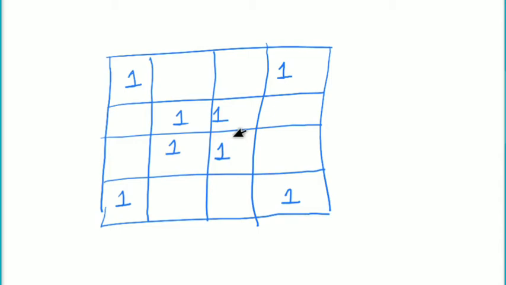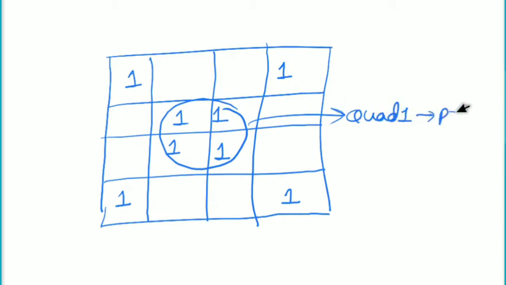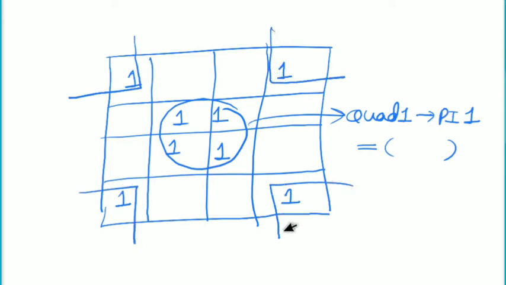So simply by looking at this, these 4 will make a quad. You can make it as quad 1 or prime implicant 1, then write down its corresponding expression. In the same way, these 4 corner ones will make a quad, quad 2, prime implicant 2, and you write down the expression.